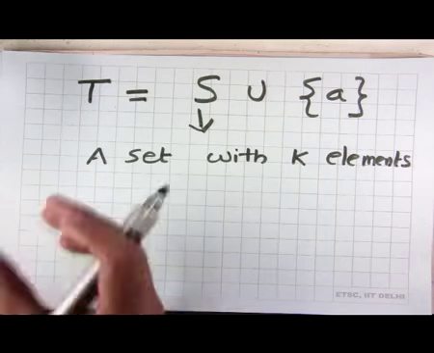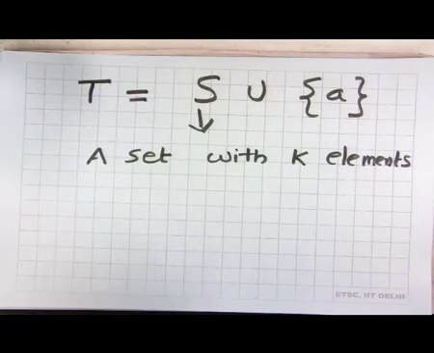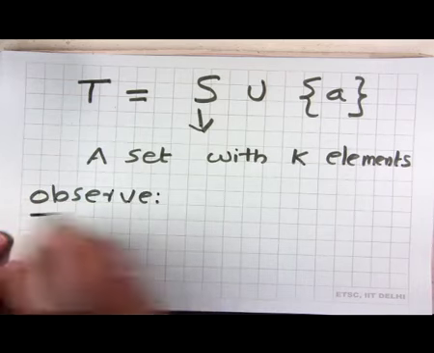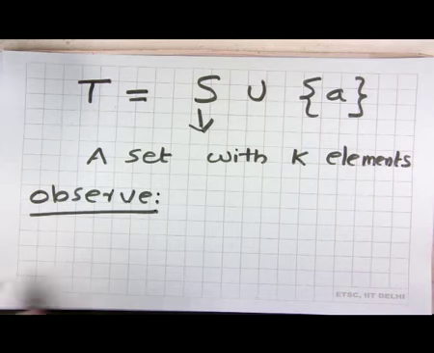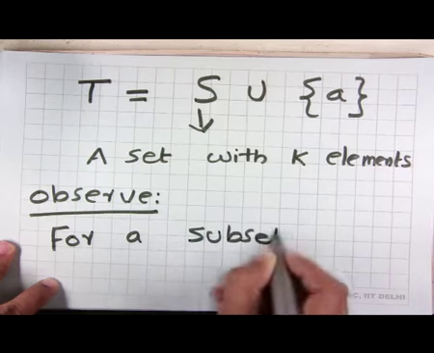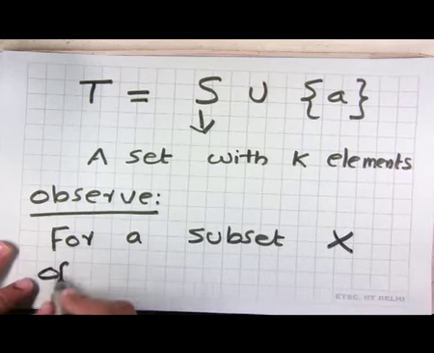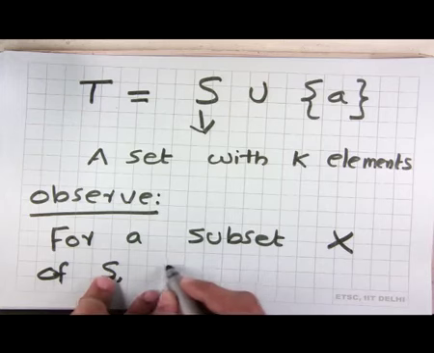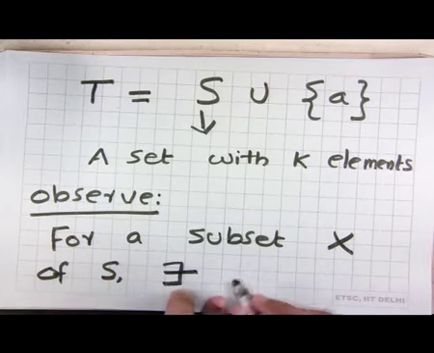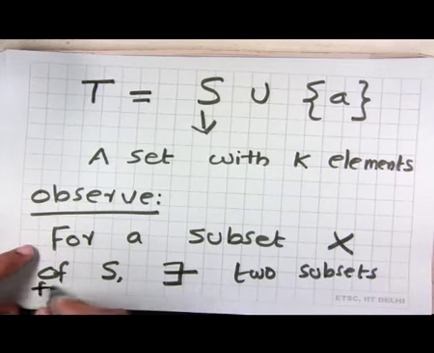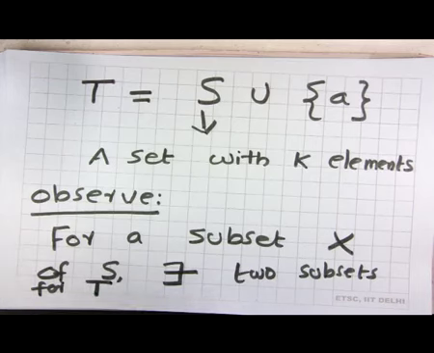Now, let us see how subsets of T come. Observe, for a subset X of S, you can create two subsets for T. There exist, this is a symbol for there exist, two subsets for T. Start with a set S having k elements.